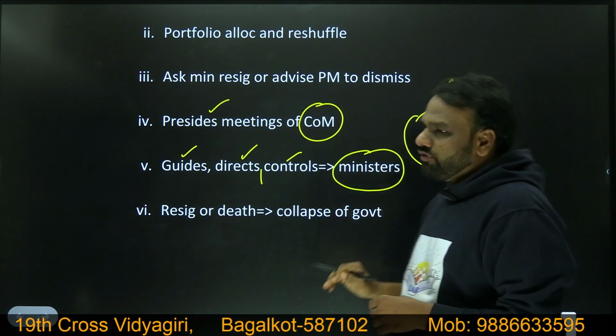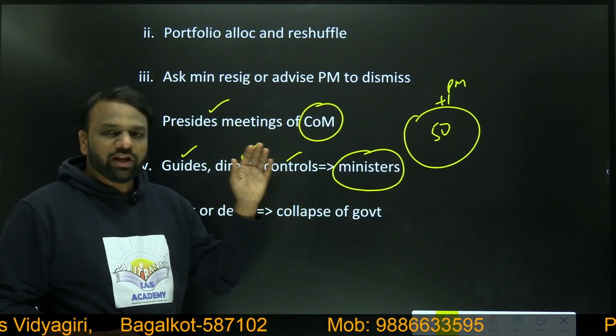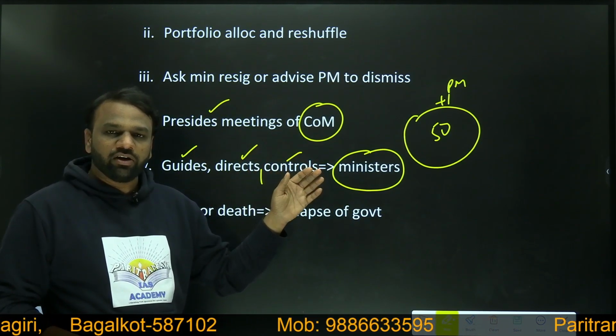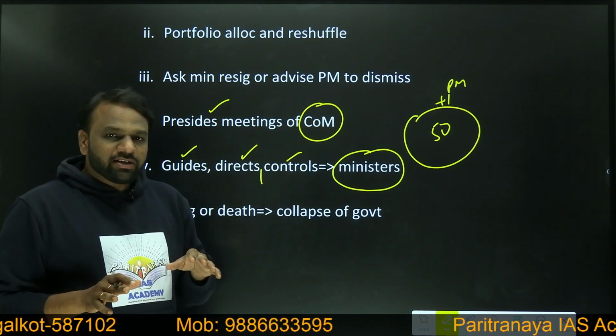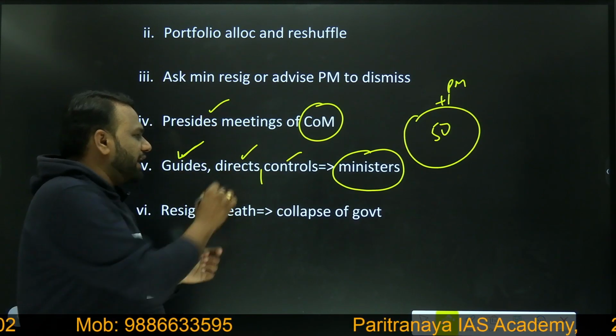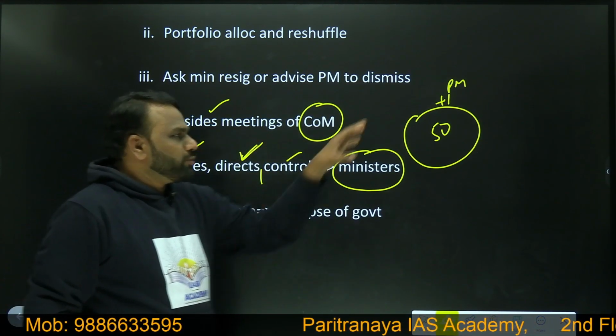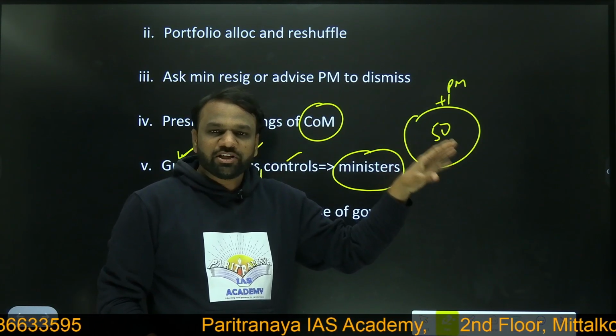Important. Next, the Prime Minister guides, directs, and controls ministers. It means these 50 ministers work on different subjects. One is working on agriculture, one on defense, one on home. They are working on different matters, but in all matters they have to work according to the guidance and directions given by the PM. Whatever the PM says, accordingly the minister should work.